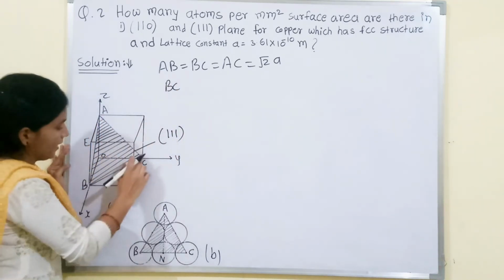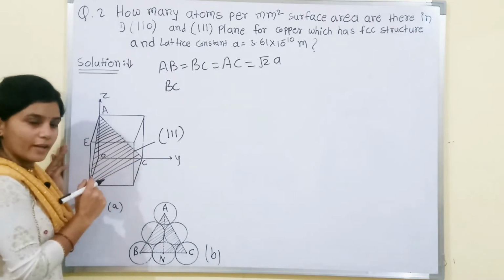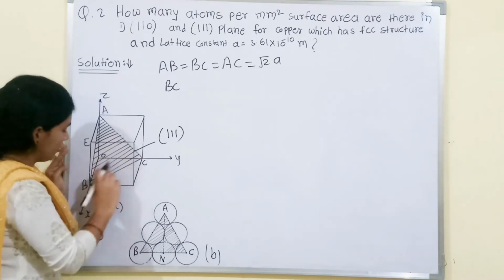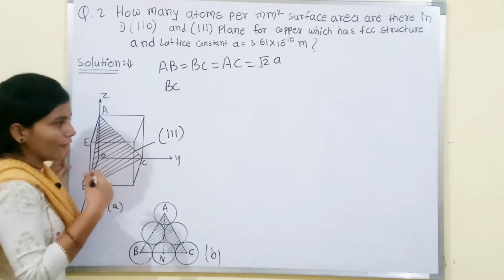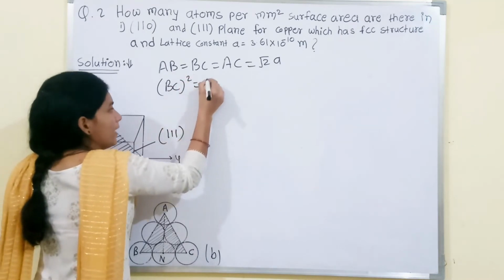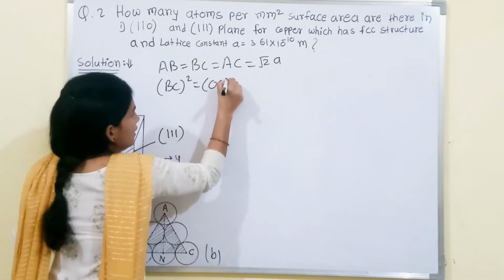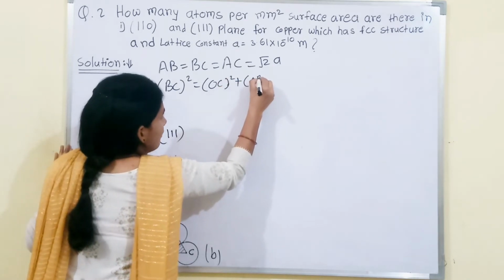We can see here also we have the right angle triangle BOC. In right angle triangle BOC, OB is the base and BC is the hypotenuse. So from the Pythagoras theorem BC square is equal to OC square plus OB square.